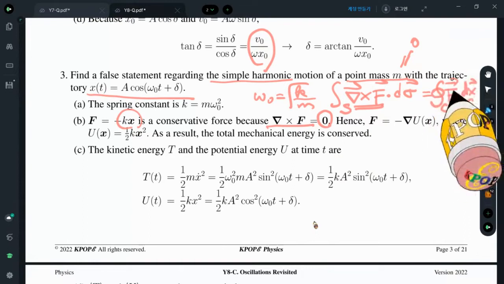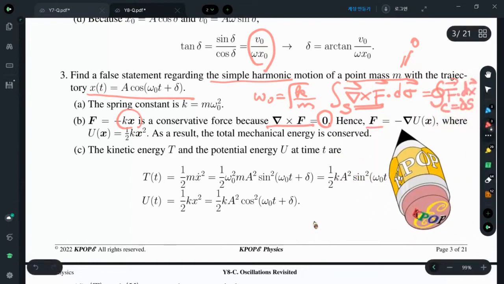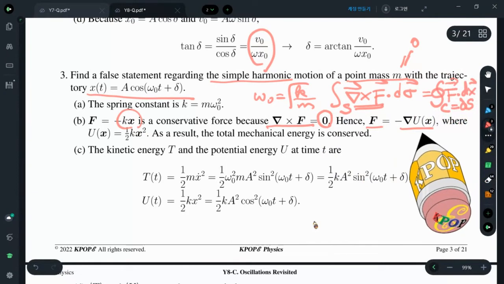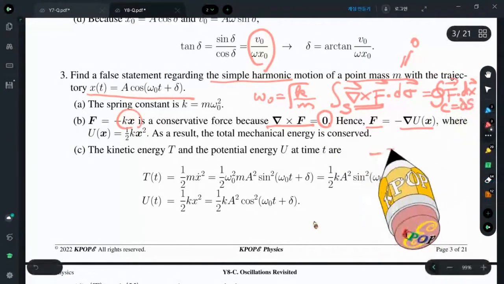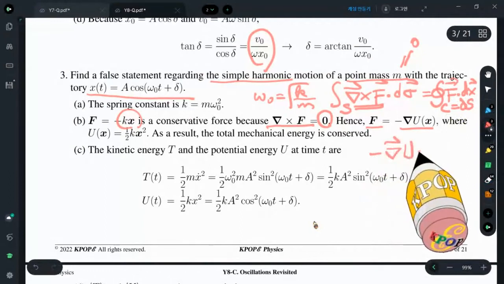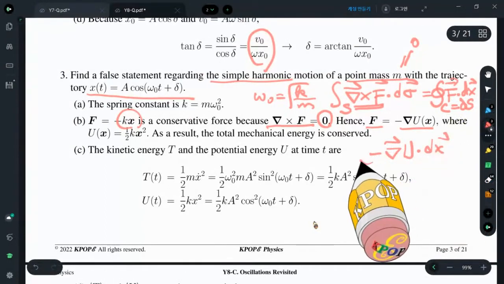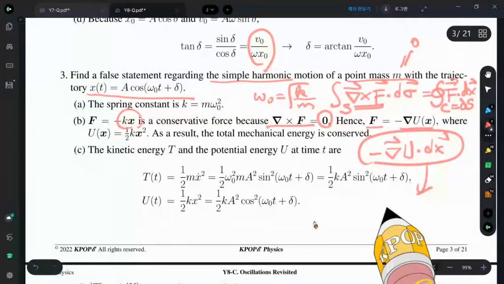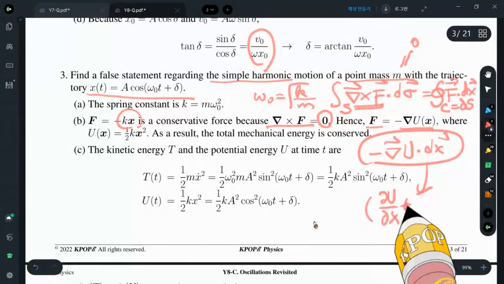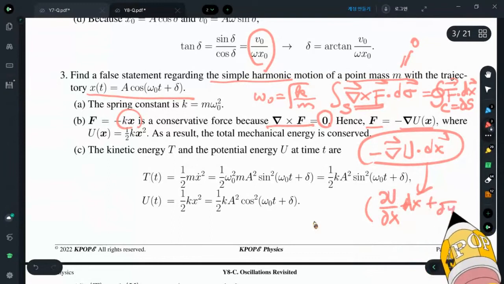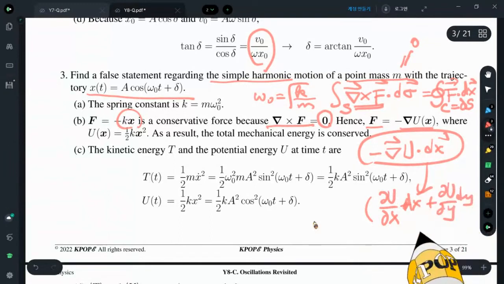It is also true that F is always expressed as a gradient of a scalar function. In that case, this integral becomes minus the gradient of the potential dotted with the differential, and this is x partial derivative dx, y partial derivative dy, and z partial derivative dz. What's that?